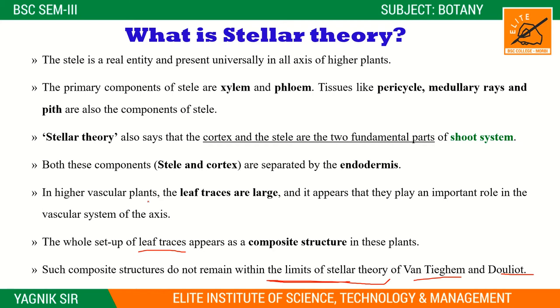They proposed that this type of structure is not present in all higher plants. In some plants it is present and in some plants it is not. Normally one type of stele has the leaf trace, and we will learn about it in the next lecture.